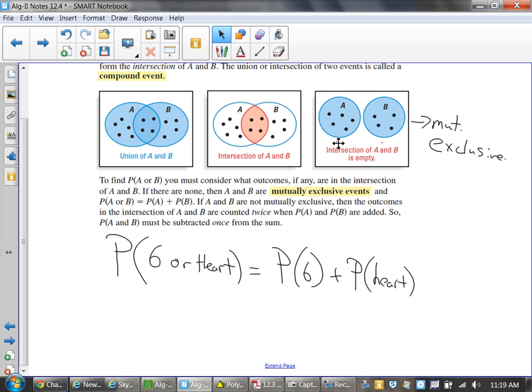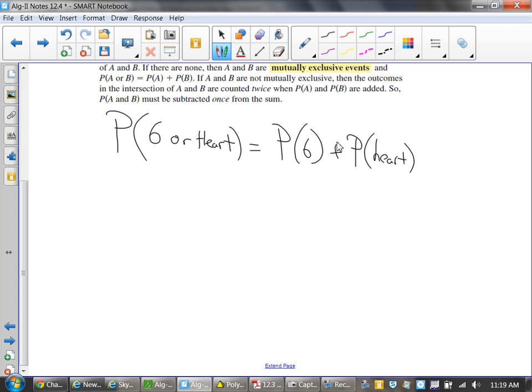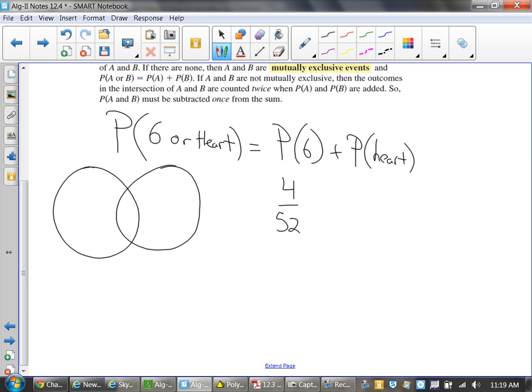All right, what's the probability of getting a 6? That's 4 out of 52. In terms of the Venn diagram, there's 4 sixes: 1, 2, 3, 4, because that includes the 6 of hearts. And there's 1, 2, 3, 4, 5, 6, 7, 8, 9, 10, 11, 12, 13 total hearts.